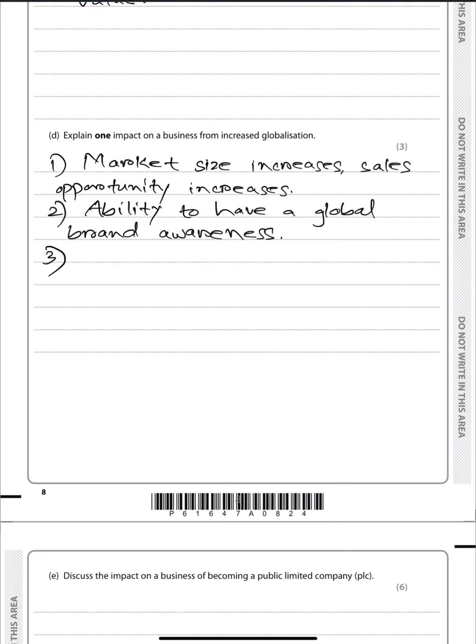So that means higher sales revenue and therefore higher profits. That gains us our 3 marks.